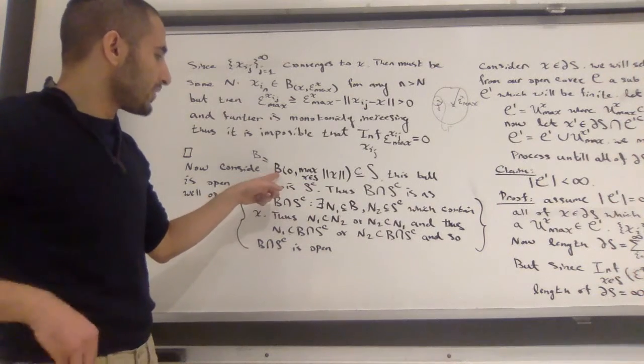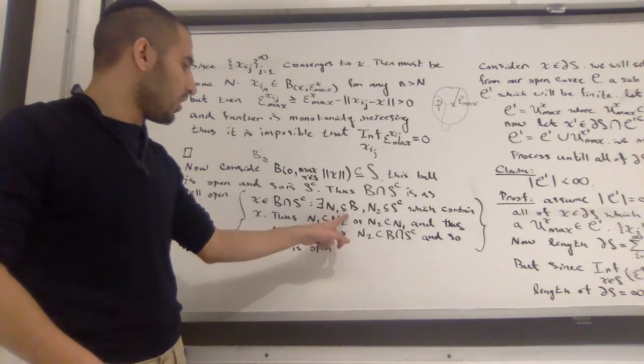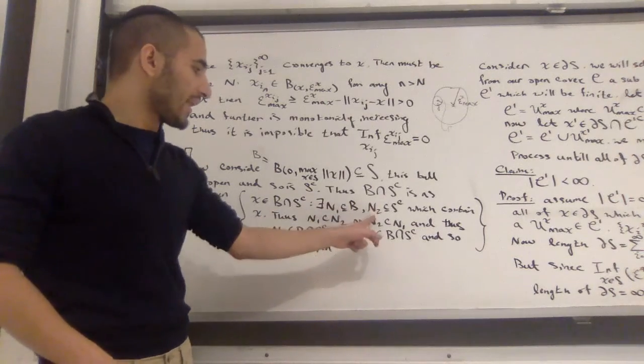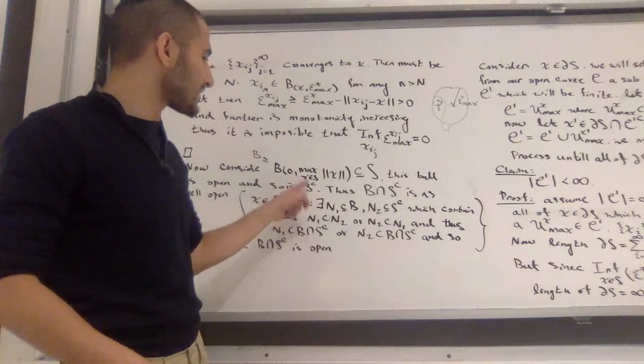The reason for that is, if the ball is open, then there exists a neighborhood n1 within the ball which contains x, and an n2 in S complement which contains x, since S complement is open as well.